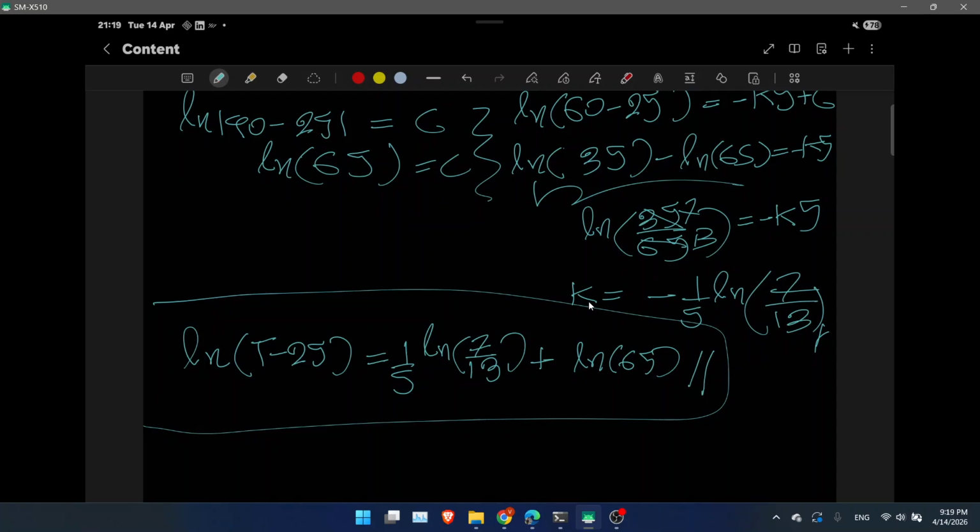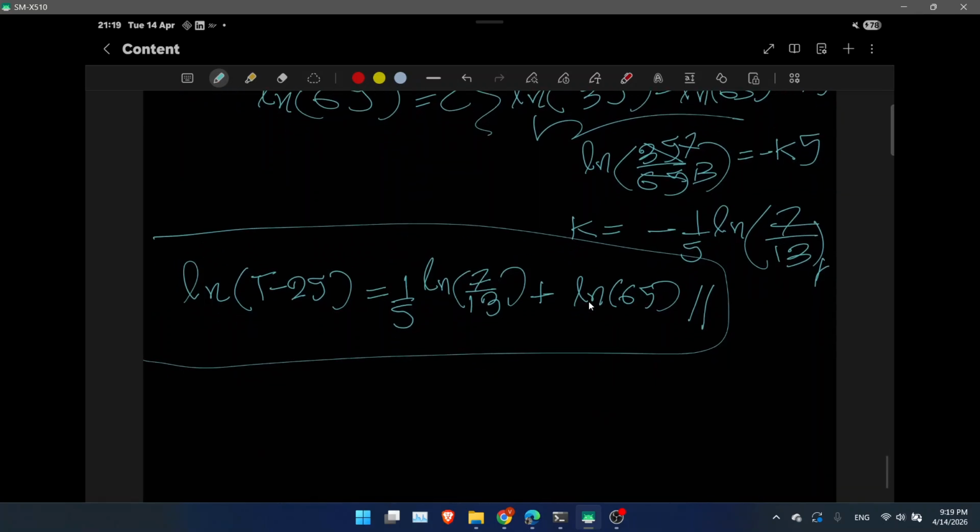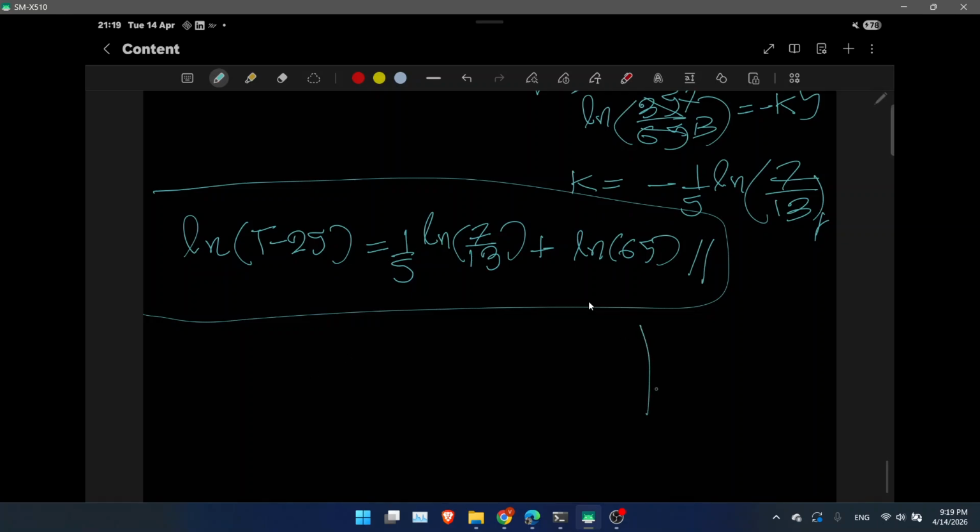So you may wonder how K is always a positive value. Here ln 7 over 13 means the value is always less than 1. So if you look at the ln curve, it is something like this, I guess.